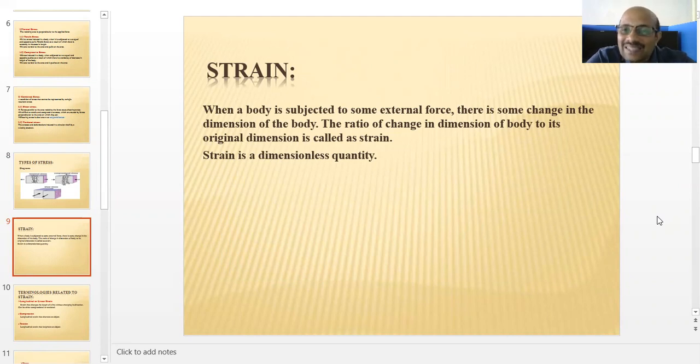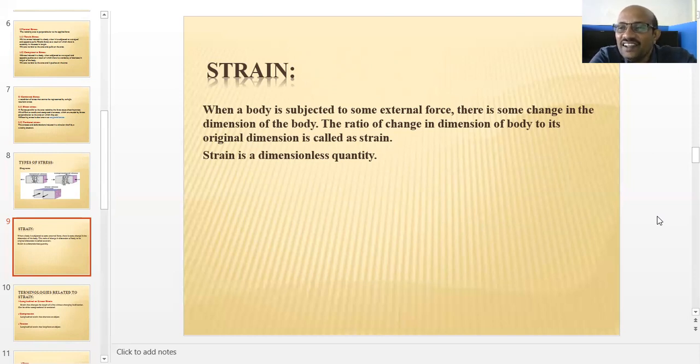That change is called strain. Generally, we define strain as the change in length relative to the original length. It is the ratio of the change in dimension of the body to its original dimension.